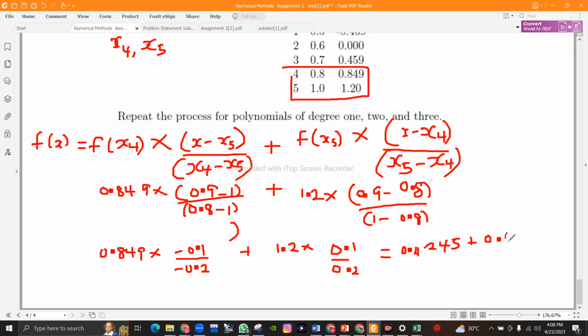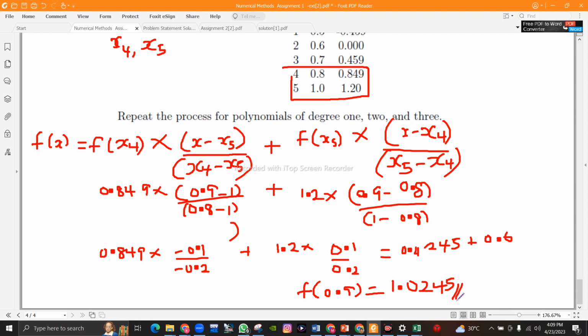Add these two together, so f of 0.9 for degree 1 equals 0.6 plus 0.4245, that's 1.0245. So that's for the first degree.